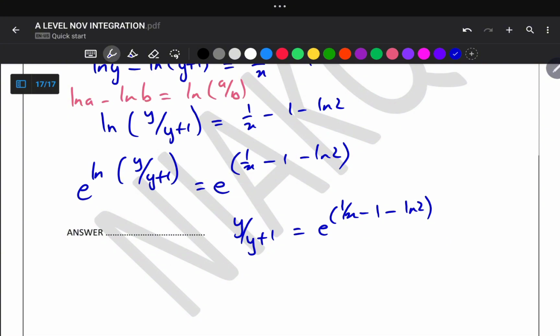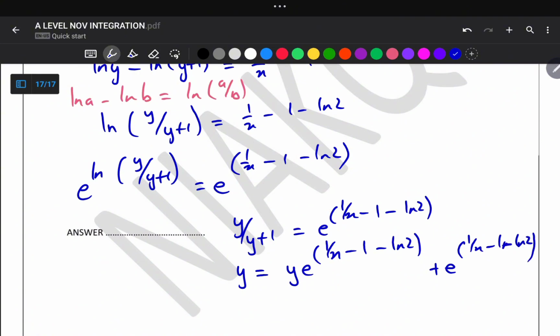So if we multiply both sides by y plus 1, we are going to get y being equal to y e to the power 1 over x minus 1 minus ln 2 plus e to the power 1 over x minus 1 minus ln 2.